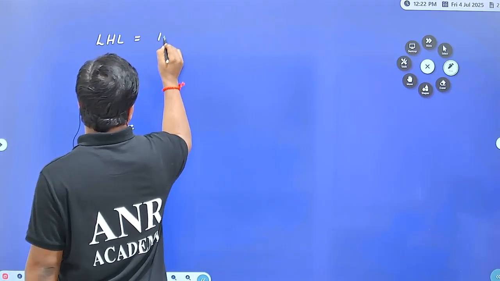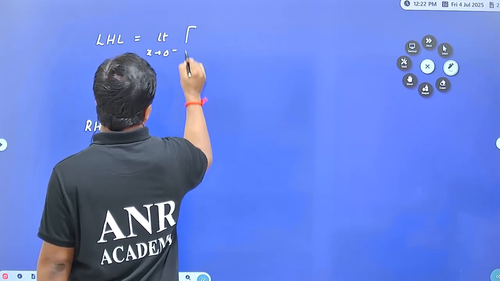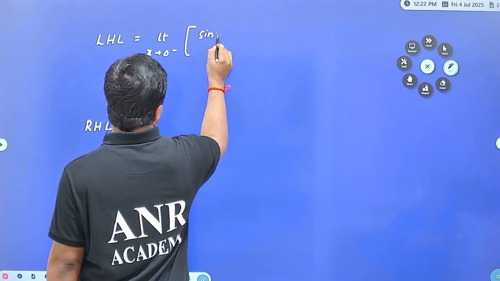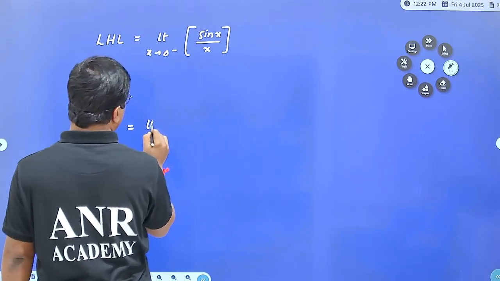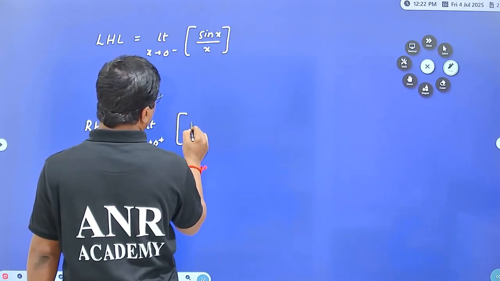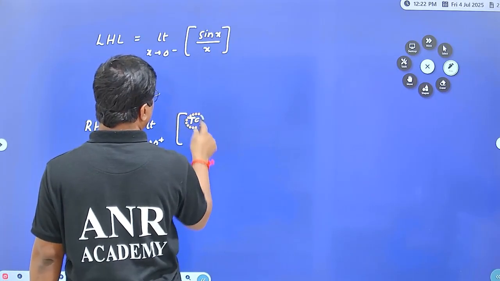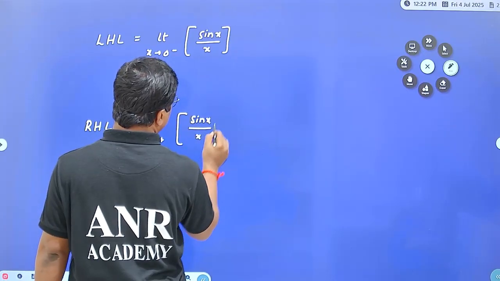So here I am writing the left hand limit first: limit x tends to 0 minus of the step function of sin x divided by x. Next, the right hand limit: limit x tends to 0 plus of the step function of sin x divided by x.